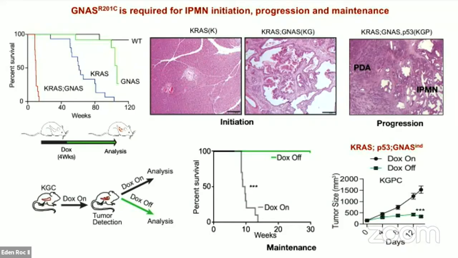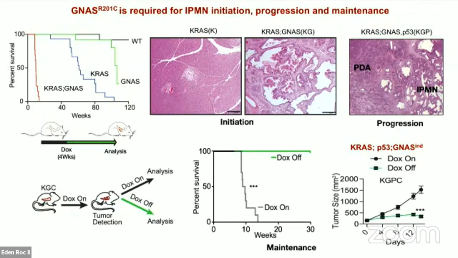You can appreciate that those animals that would be sacrificed within 13 weeks of age now live more than 30 weeks or longer. Eventually these animals died because they have constitutive activation of KRAS in the background, but it significantly increased the lifespan. This is also true in our advanced KRAS GNAS p53 model. Summarizing this section, GNAS is required for IPMN initiation, progression, and maintenance.